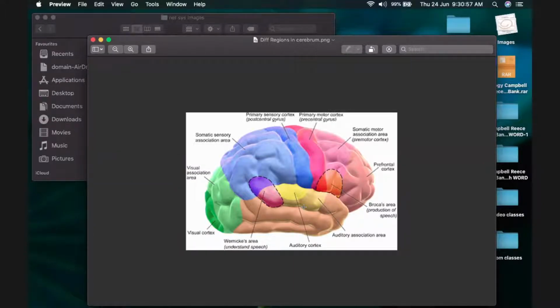Suppose you are seeing this brain structure here, and yesterday I gave the ventricles. If I put that diagram, you will say these are the ventricles of the brain, ma'am. When your sight is not connected to the hippocampal lobe, how can you remember that?